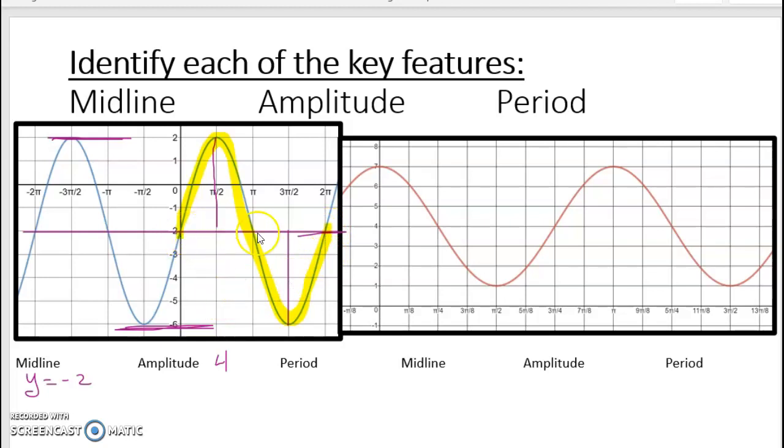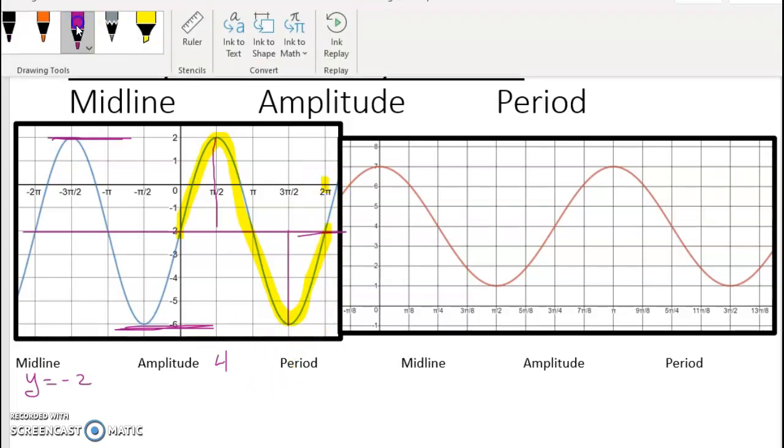I started on the midline, I ended on the midline. I've got both my max and my min on here. So how far in the x direction did I travel? To that point right there. So that means my period would be 2 pi.